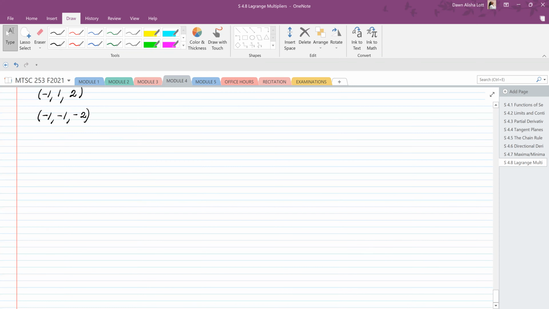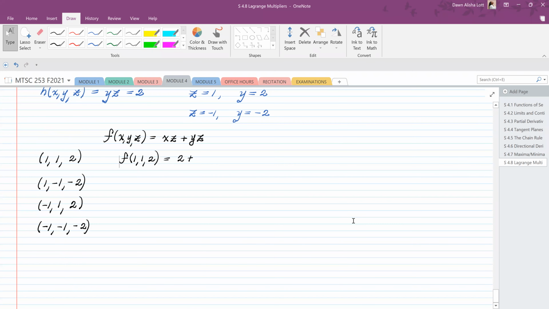My notes are wrong. XZ is 1 times 2 plus YZ is 1 times 2. That's 4. My notes are wrong. Okay. F of 1, -1, -2. So XZ would be -2 plus YZ would be +2, and that's going to give me 0.